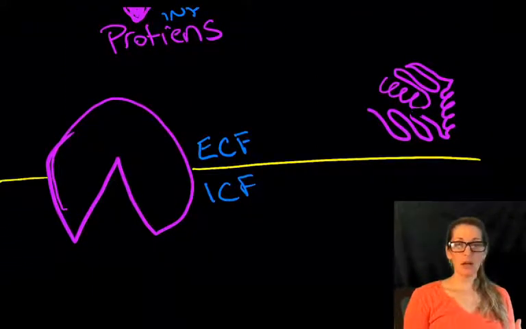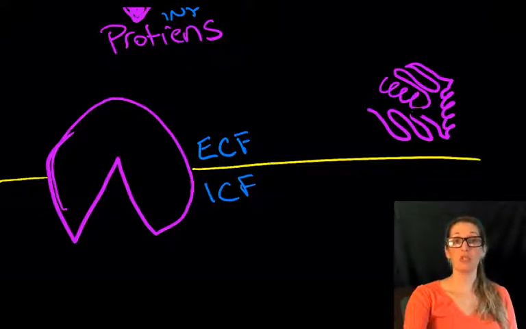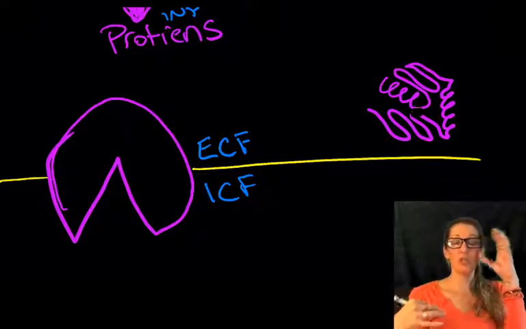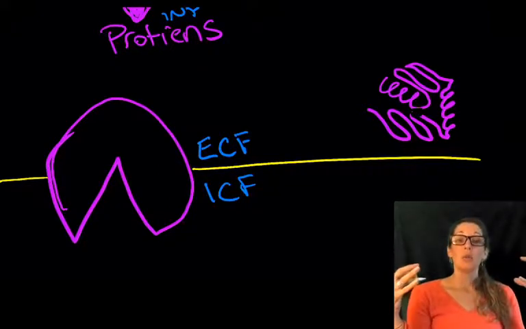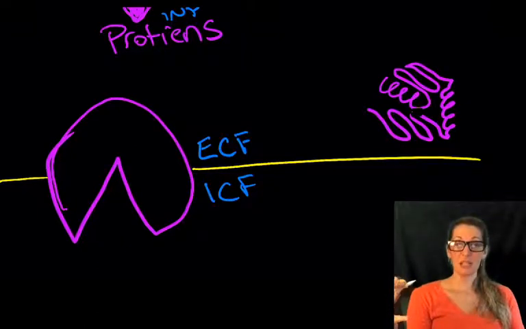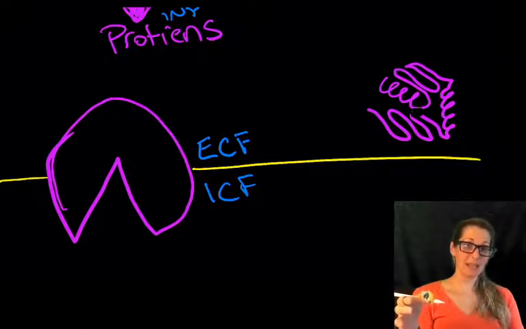We start out with our sodium-potassium pump, and this is a continuous process. I'm starting it open to the intracellular fluid. You could just as easily start it open to the extracellular fluid. Either one, no worries. So we've got our specialized protein, and right now it's open to the ICF.